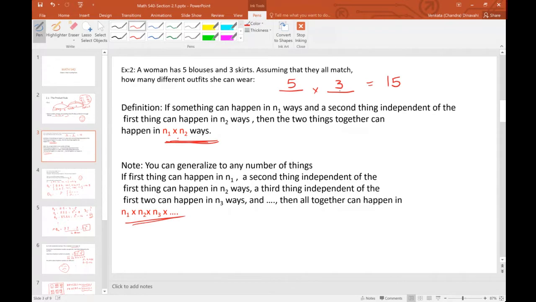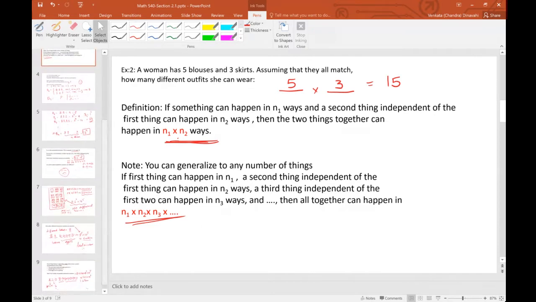The most important thing is that each and every job should be independent of the previous one, so the previous result shouldn't affect this. Then the product rule works.